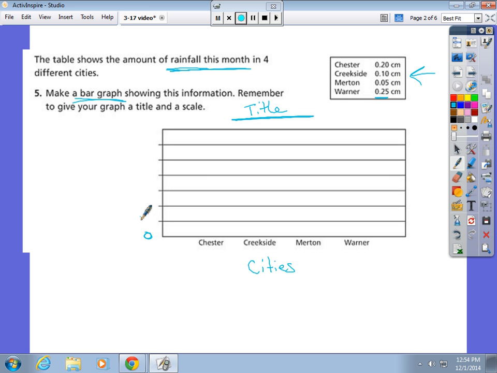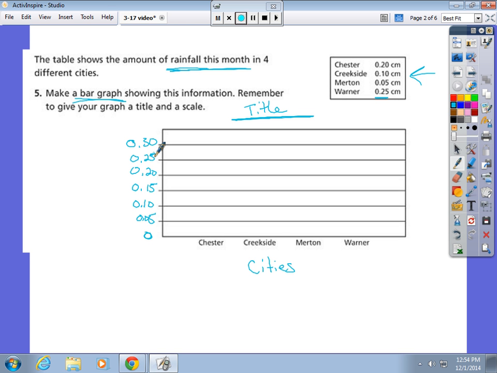So 0.05, 0.10, 0.15, 0.20, 0.25. That gets us there, and then 0.30 puts us almost to the top. That's an appropriate graph. Cool.